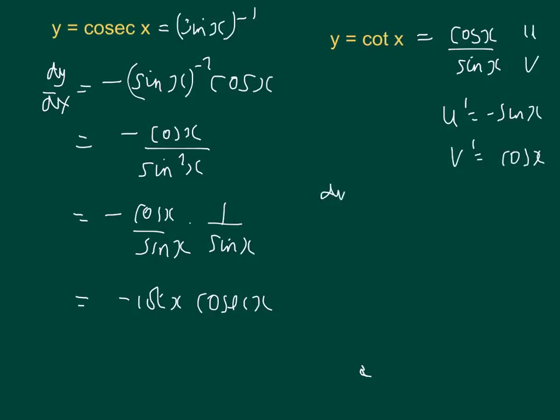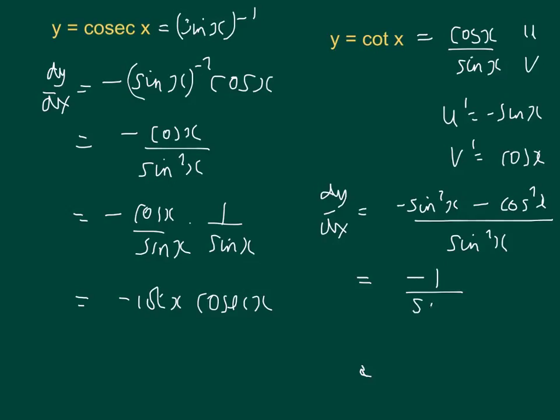So dy by dx is going to be the bottom, so v times u dash, so that's minus sine squared x, minus the top of the fraction times the differential of the bottom, so that's cos squared x, all over the bottom of the fraction squared, so that's sine squared x. So this time we've got minus sine squared x minus cos squared x, which comes to minus 1 over sine squared x. Okay, so we can write that as minus cosec squared x.